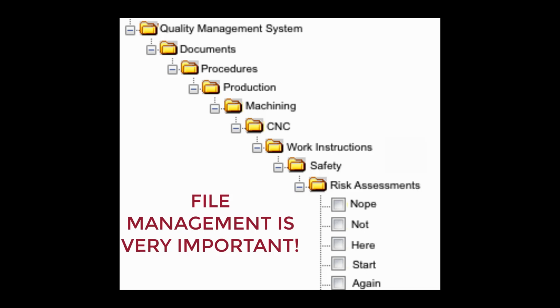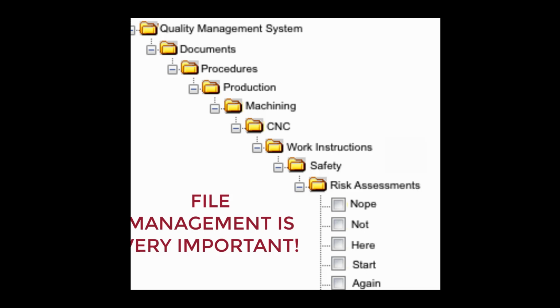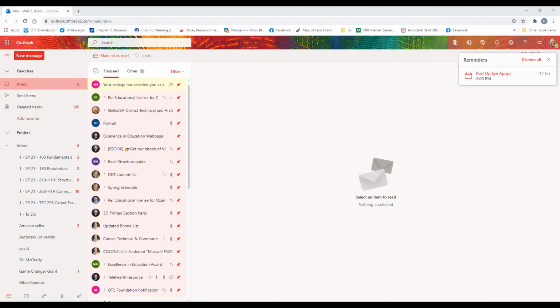So let's take a look at how we are going to set up our systems. We went through this a little bit on the first day of class, but again, you need to go to your OneDrive. Again, you can use portal.office.com, or in your email, you can go to these little dots up here in the corner and click on that and go to your OneDrive.